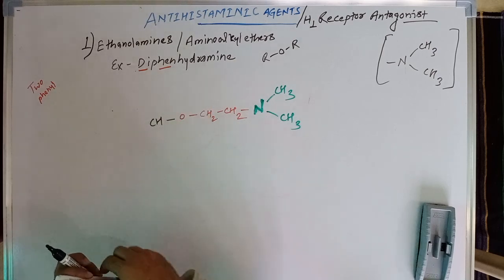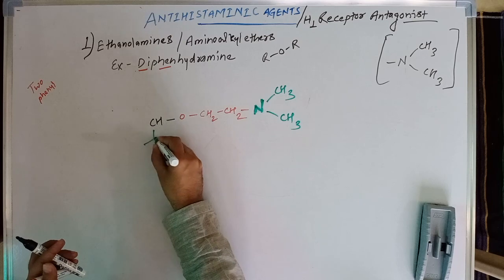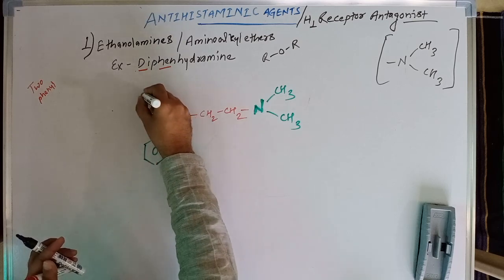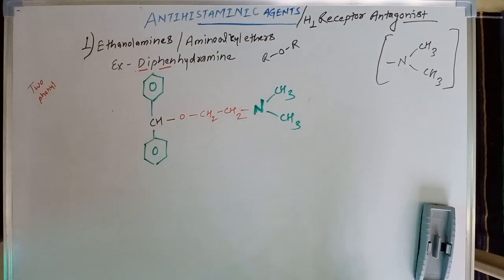Now diphen means two phenyl, so there are two phenyl moieties, this is first and this is second. This is the structure of diphenhydramine.